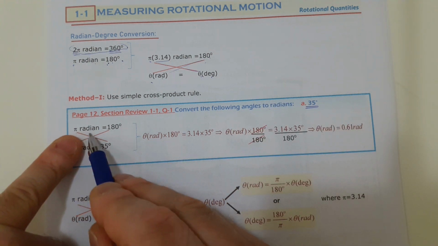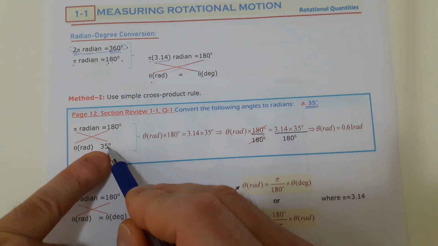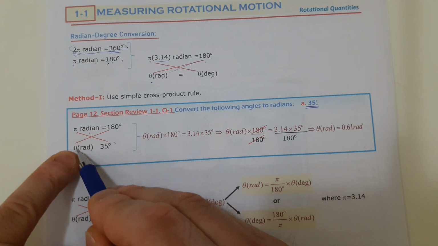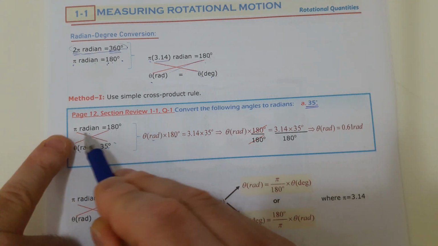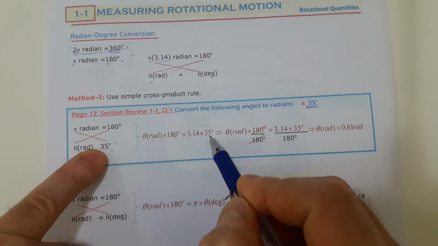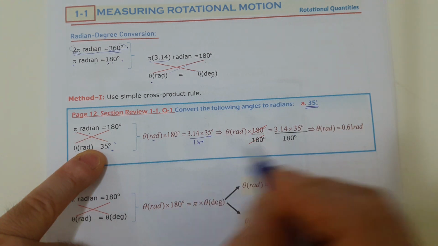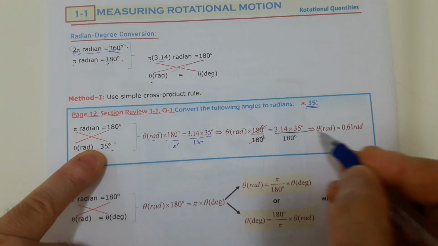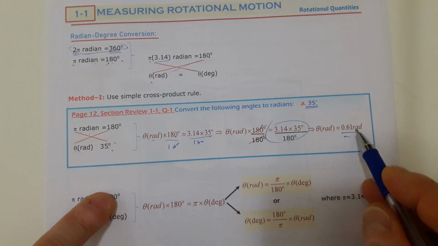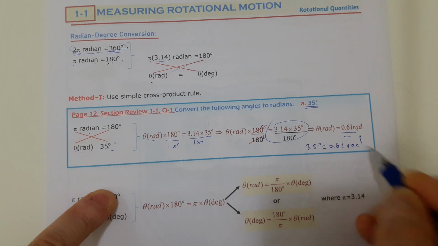As I said, pi radian is equal to 180 degrees. Cross multiplying, angle in radian multiplied by 180 is equal to pi multiplied by 35. Then simplify by dividing by 180. When you do this calculation on your calculator, you will get 0.61 radian. So 35 degrees is equal to 0.61 radian.